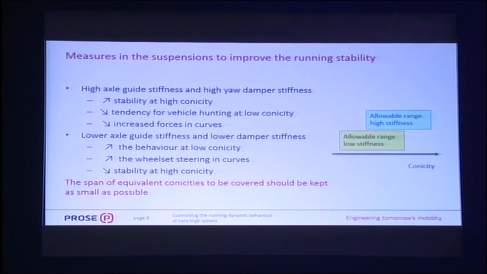So now what are the classical means to prevent this running instability? You can stiffen your axle guides. So you introduce, for instance, a rubber element with a high stiffness, and you choose high yaw damper stiffnesses.